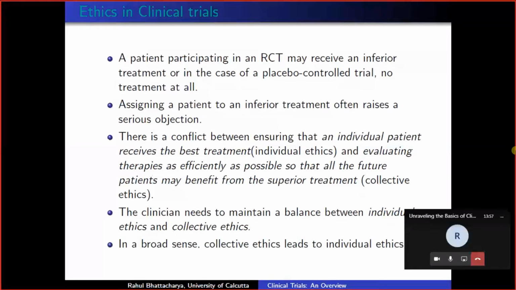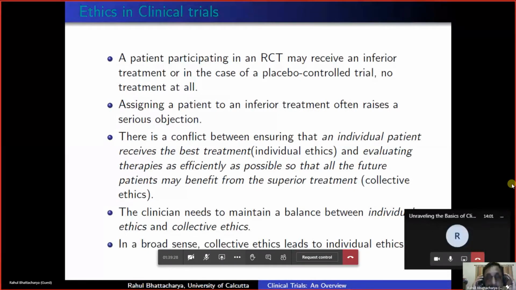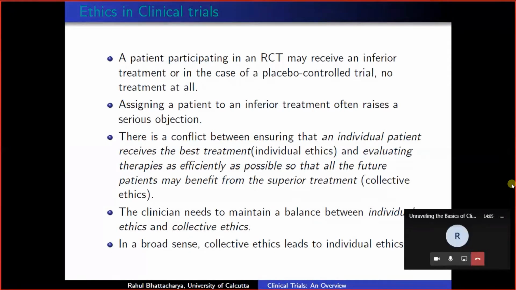Next, in clinical trials, since human volunteers are involved, there must be some ethics. That's the most important thing in clinical trials. Whenever patients enter into some clinical trial, there are several treatments for assignment, and definitely not all are the best, or it is not possible to get every best treatment in a trial.